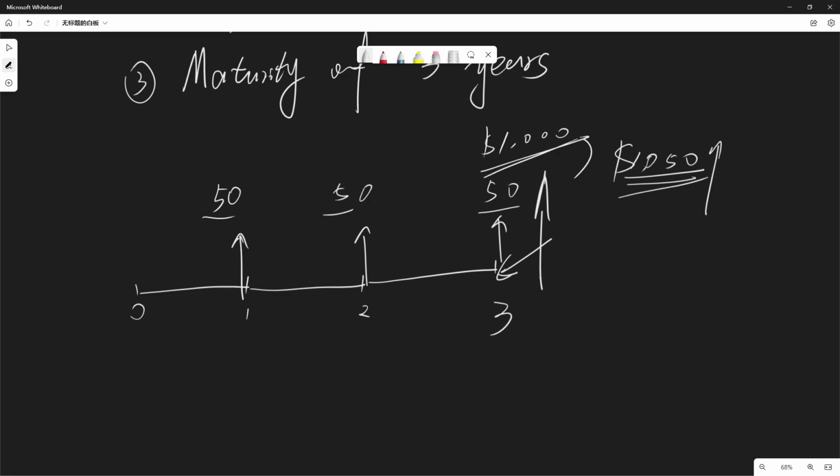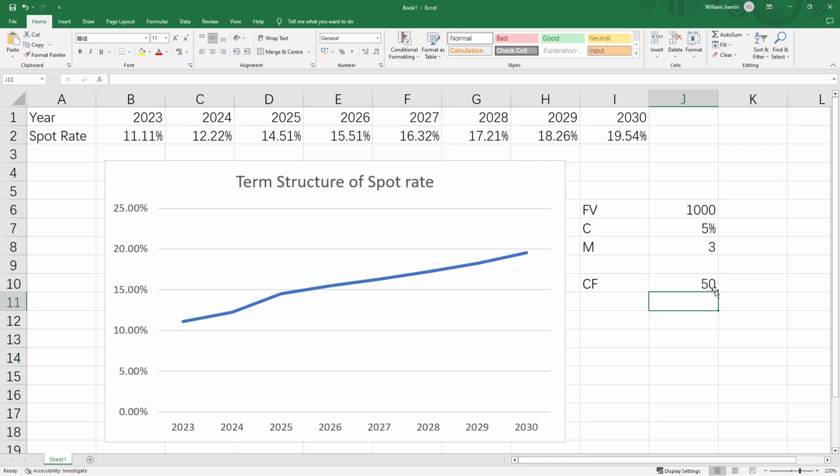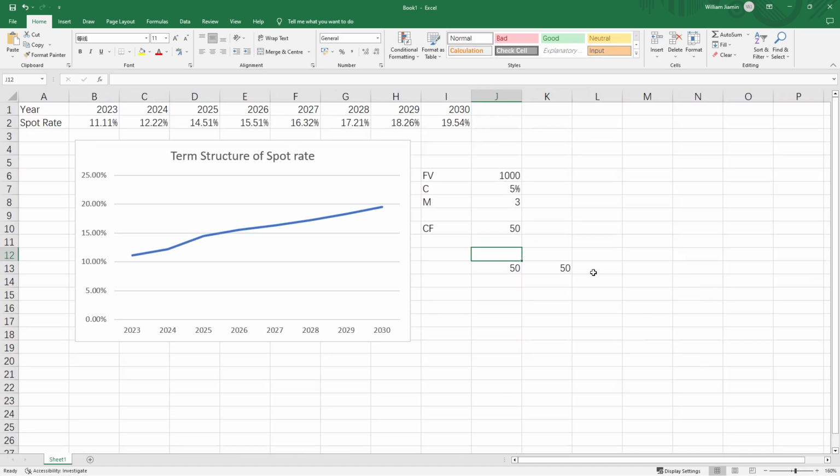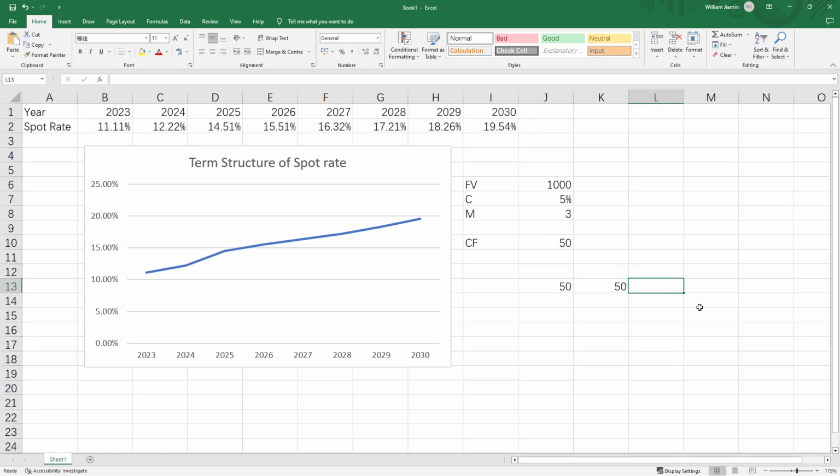So we can use the help of Excel. Okay, so the first year 50, the second year 50. Let me make this smaller. The third year 50, and of course the principal. Alright, so far so good, but you also need to consider the time value of money, or in this case, spot rate.